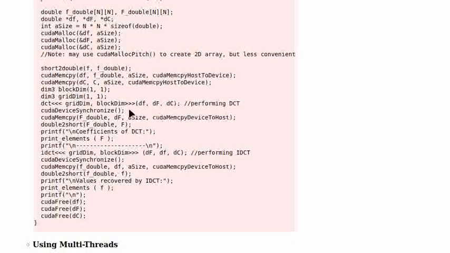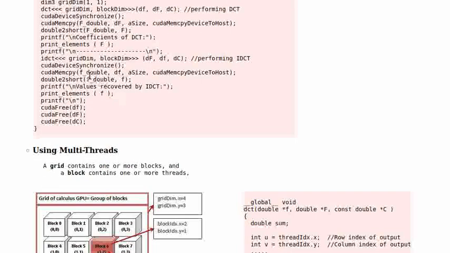And then this function cudaDeviceSynchronize ensures that the data have all been processed before exiting the kernel. And then we copy the data back to the host memory, change it back to int and print it out. And we do the same thing for the IDCT.